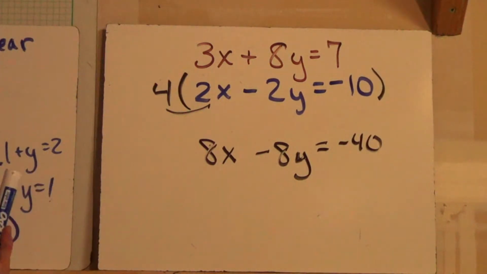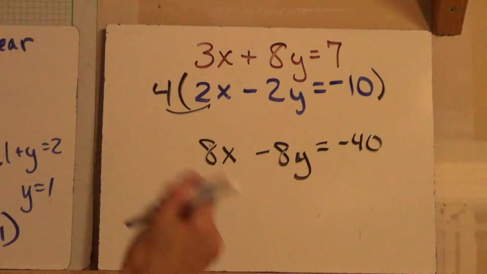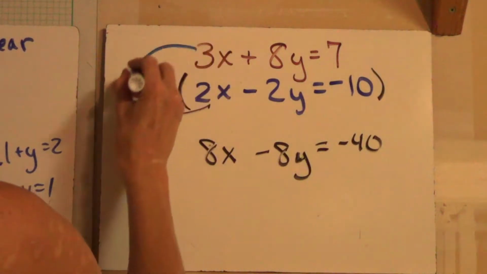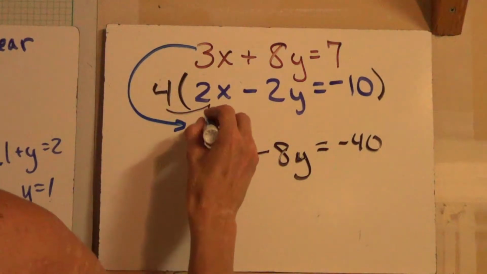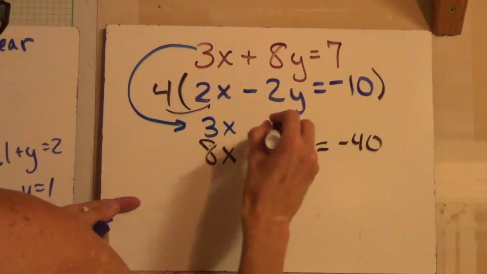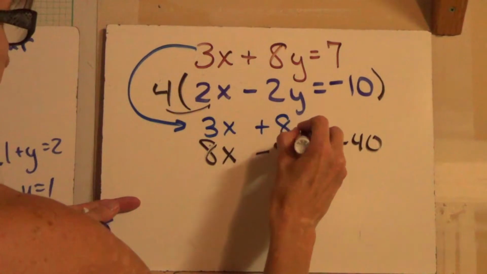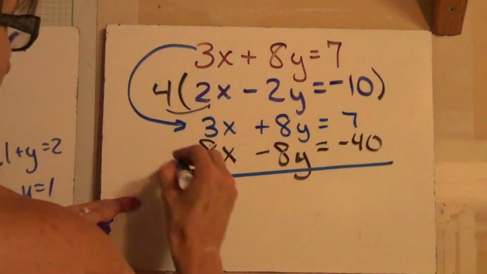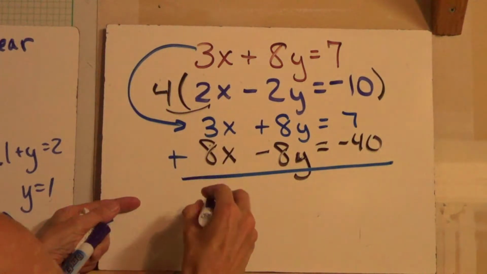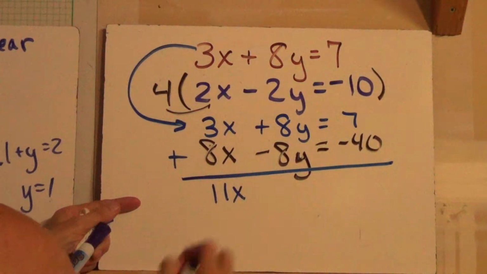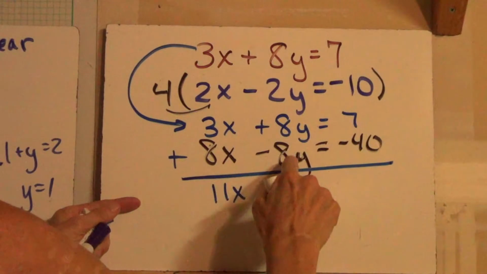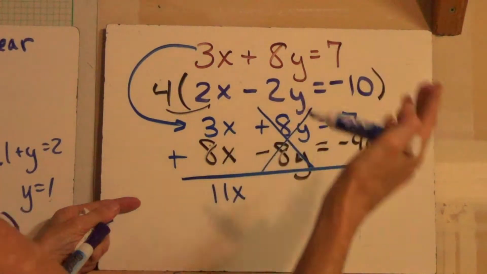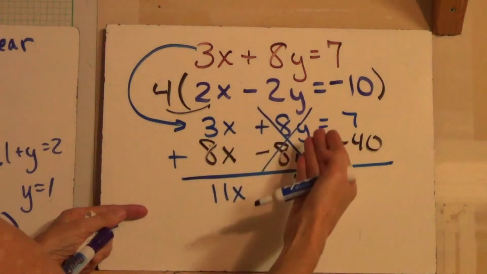Okay, now I can take this equation right here, the 3x plus the 8y equals 7, and just write it again right down here so that they're close together and I can add them. 3x plus 8x, 11x. The 8y and the negative 8y form a zero pair, 8 zero pairs actually. That's why we can do this.